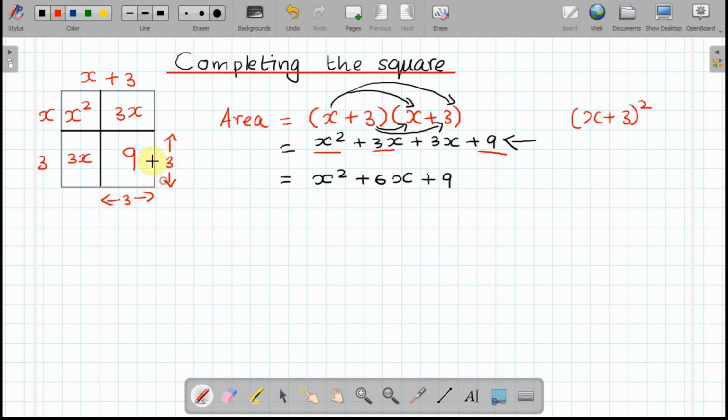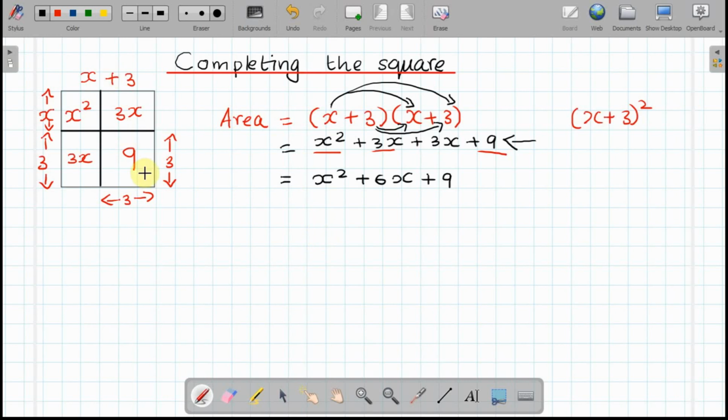Okay, I'm going to use this to understand the concept of completing the square. So every expression doesn't represent the area of a square. When we're completing the square for an expression, we are writing it in terms of the area of a complete square.